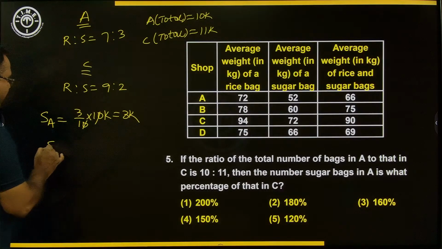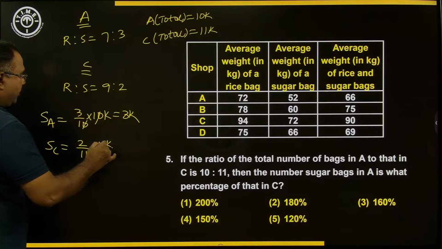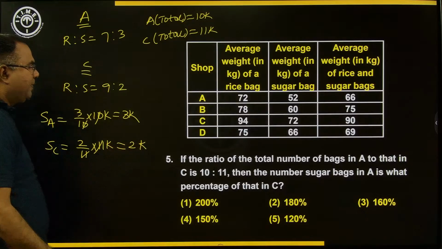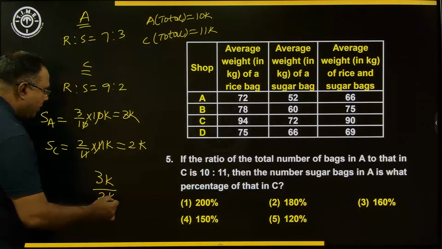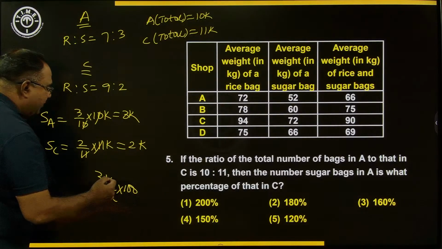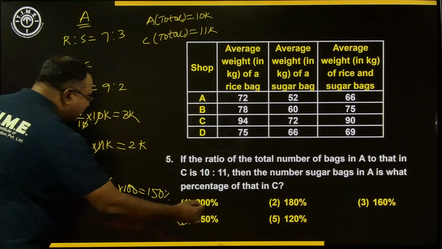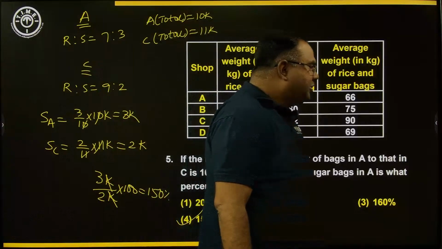Sugar bags in C is 2/11 into 11K, so it has to be 2K. Sugar bags in A is what percentage of C? So 3K upon 2K into 100. 3/2 is 1.5, into 100. Clearly, this has to be 150%. So it has to be choice 4.